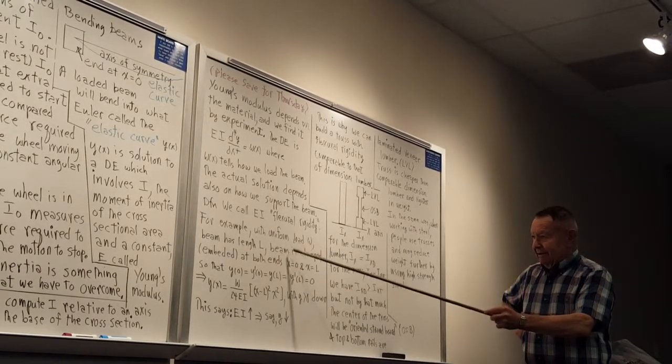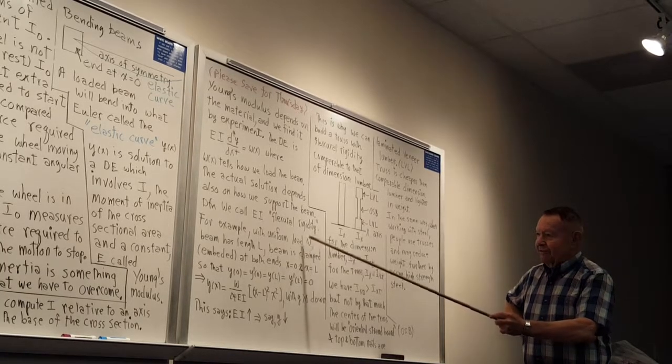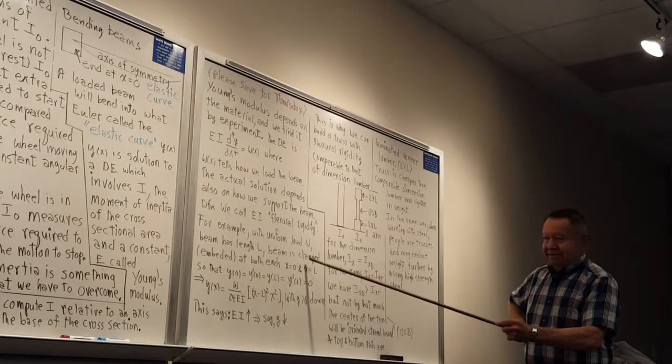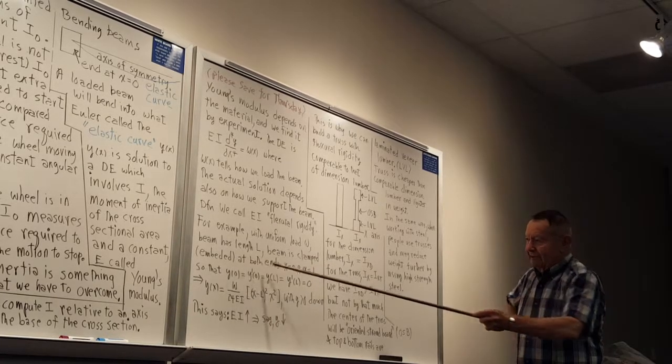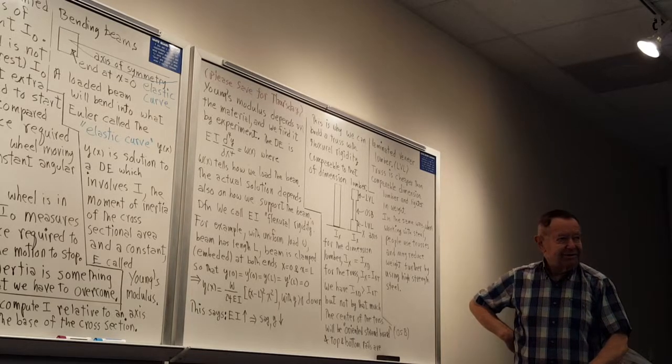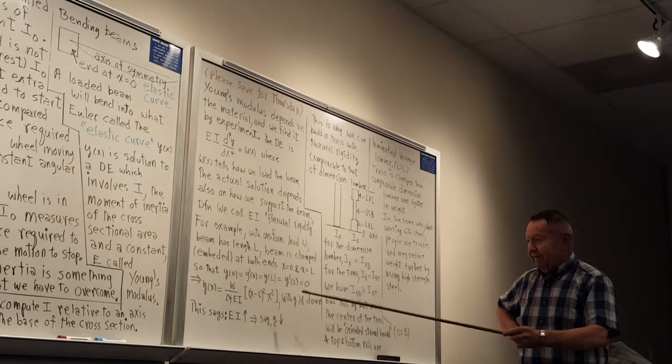So if you had a uniform load, for example, and length L, then it matters how you're supporting the beam at the ends. That's where you get your information for your constants of integration.